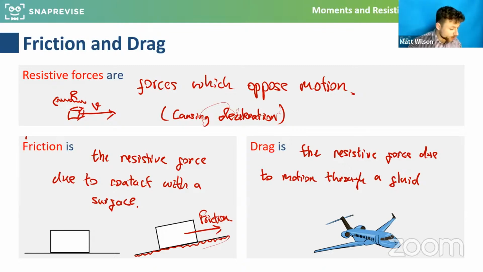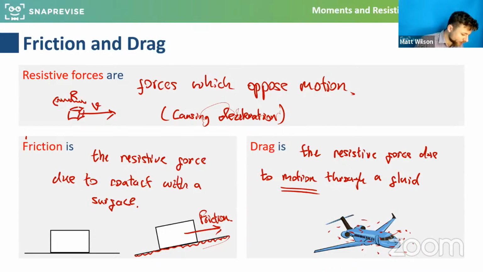Notice it's the resistive force due to motion through a fluid. So drag does not exist on a stationary object in the same way that friction does. Okay, so a classic example would be something like an aeroplane moving through literally the air. And the way drag essentially works is you have an object trying to move through a substance, but that substance is made of stuff.